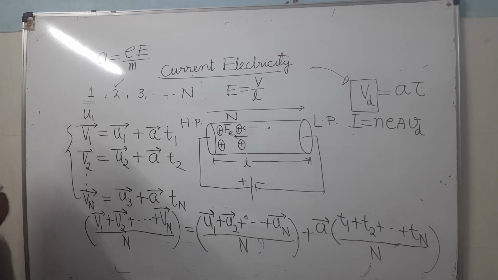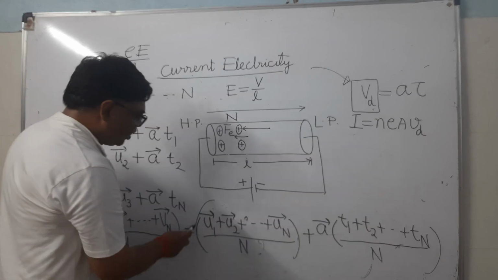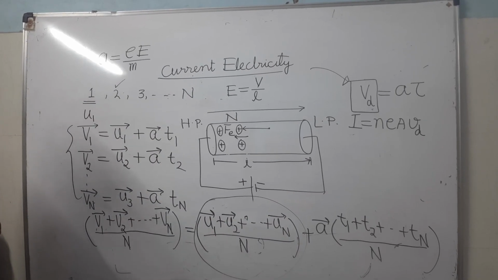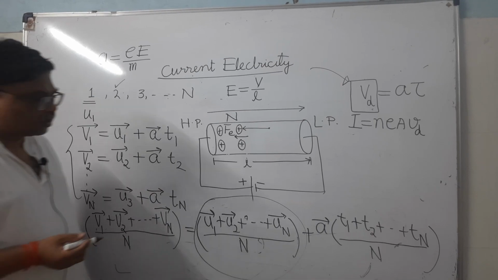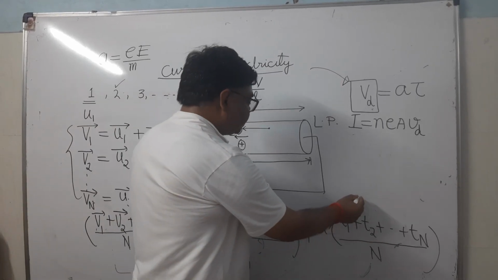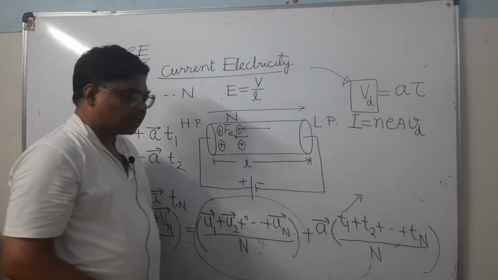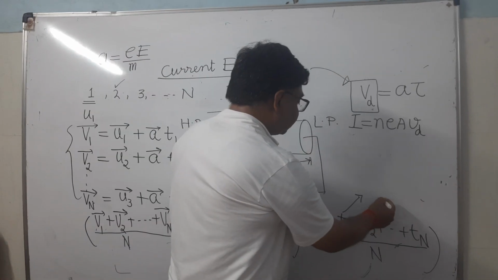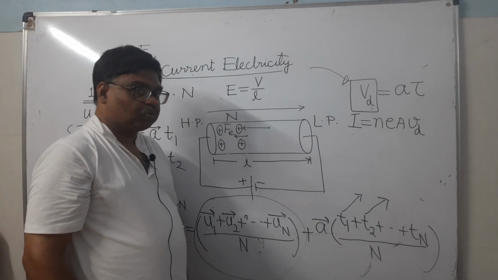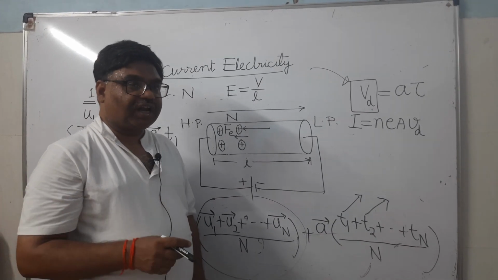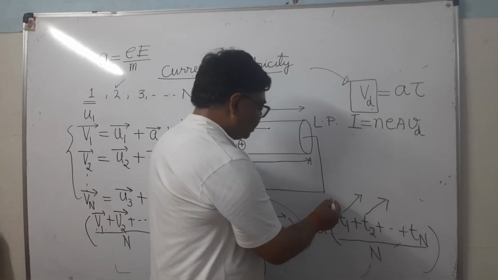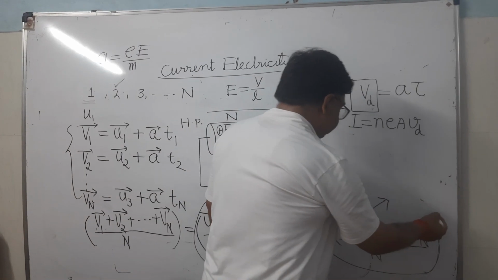Now as already you know, this is the average thermal velocity, which is 0. This is the time spent by the first electron in between two successive collisions, time spent by the second electron in between two successive collisions, and this time we call it the relaxation time. So this will become the average relaxation time.